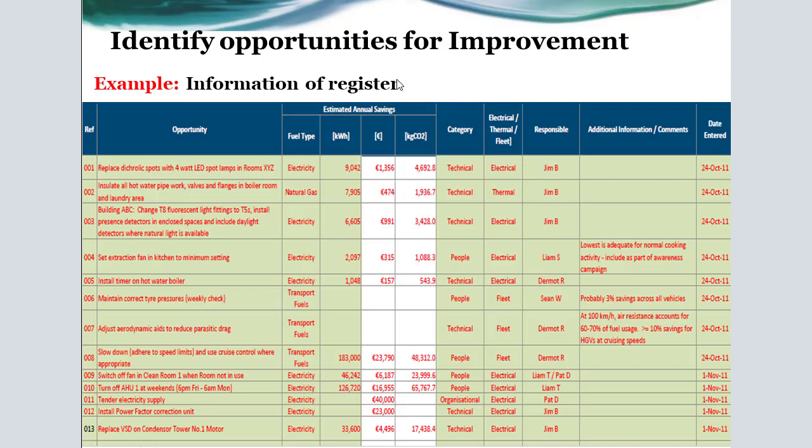So this is just an example of the information about opportunities that must be taken in our registering in our calculation. Very, very important and very simple to take into consideration by the energy auditors.